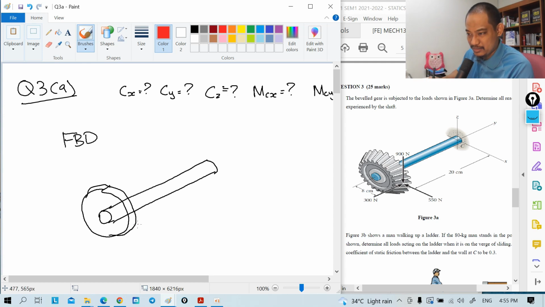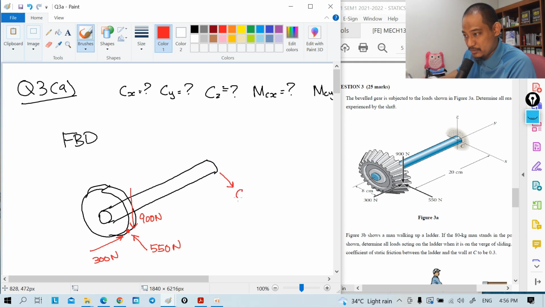That makes it even easier, right? So somewhere there, in this direction you have 550 Newton. In this direction you have 300 Newton, and going down you have 900 Newton. Let's assume everything in the positive axis direction.